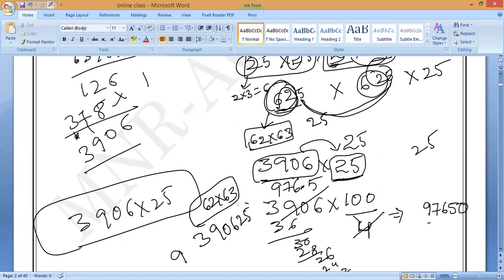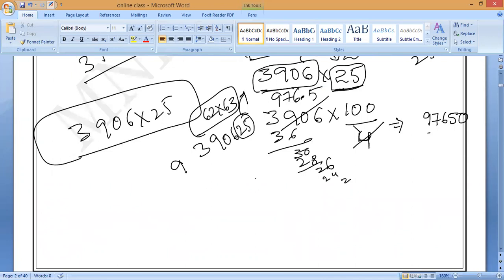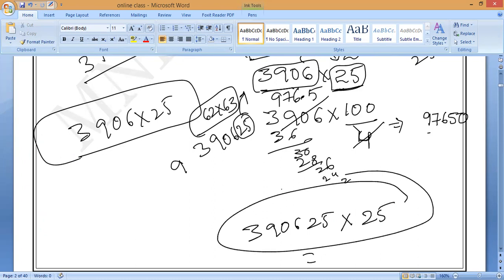We forgot the 25. Do you understand? Yes, ma'am. Multiply 390625 with 25 and you get the answer. Do the multiplication. So option A is correct.